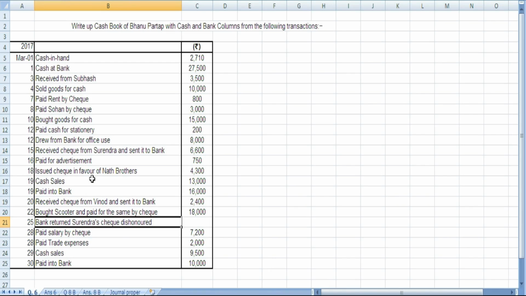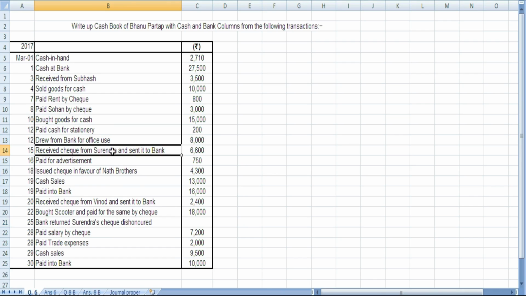So on 25th, Surendra's check was dishonored, maybe because the amount on the check was not enough, or maybe the signature was not correct, or the check got bounced, and so the check that was received on 15th, that is 6600, was returned to Surendra.